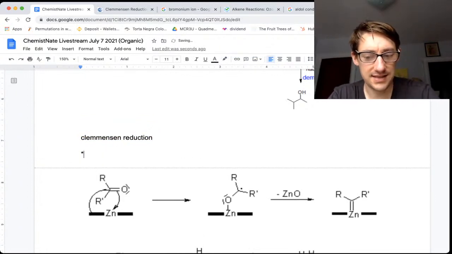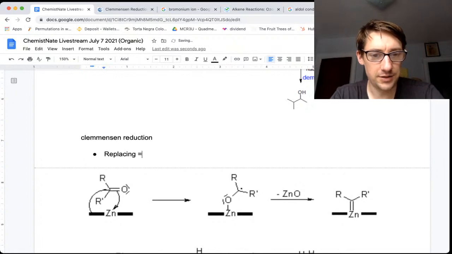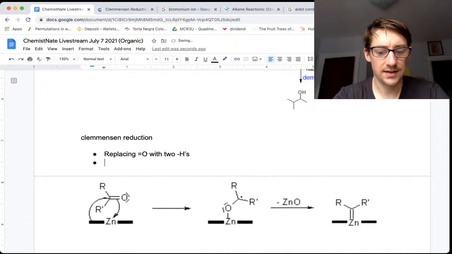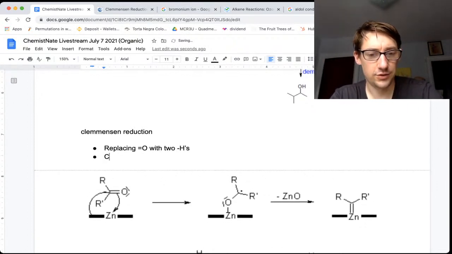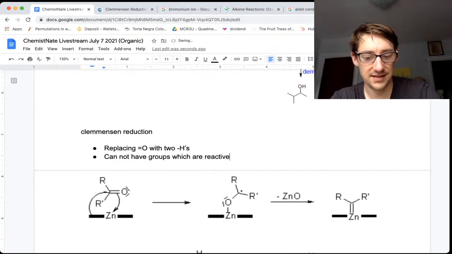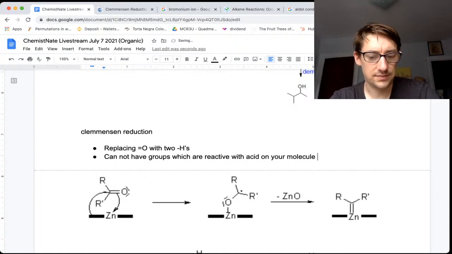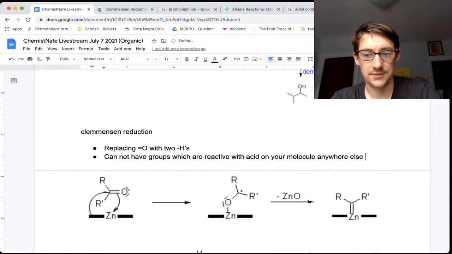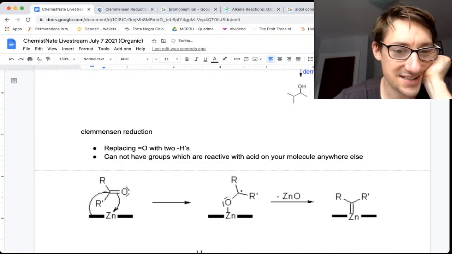Overall, replacing double bonded O with 2 single bonded H's. Cannot have groups which are reactive with acid on your molecule anywhere else. Unless you want them to react, that is.